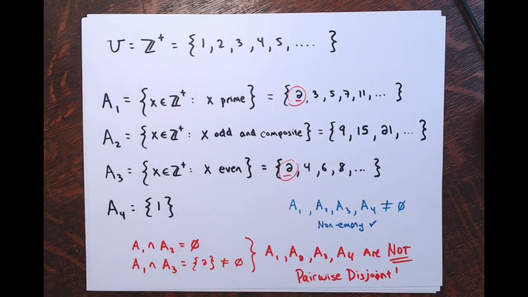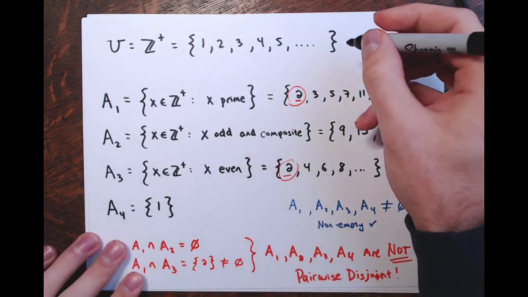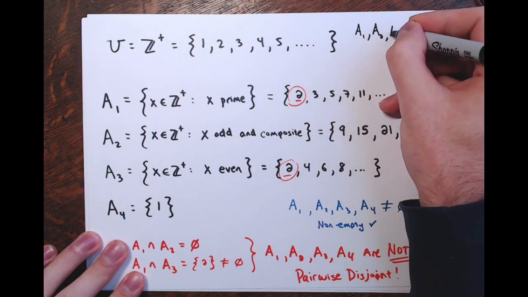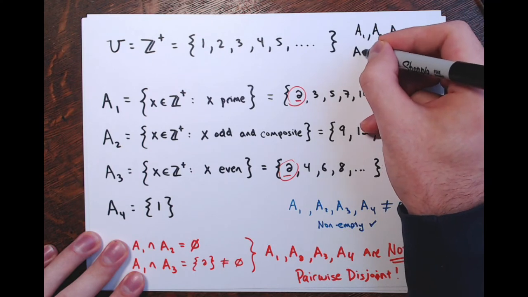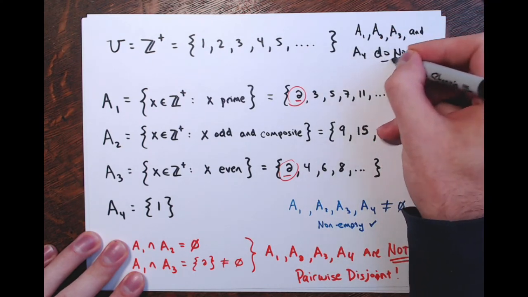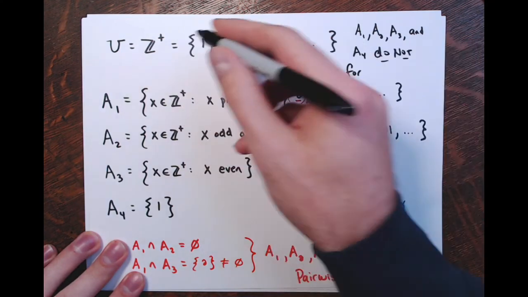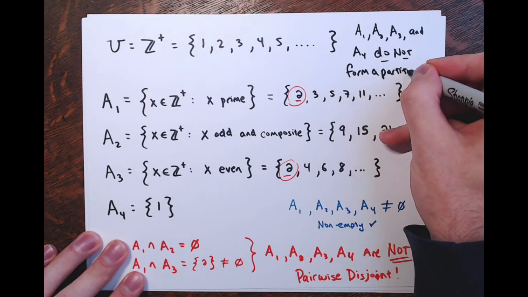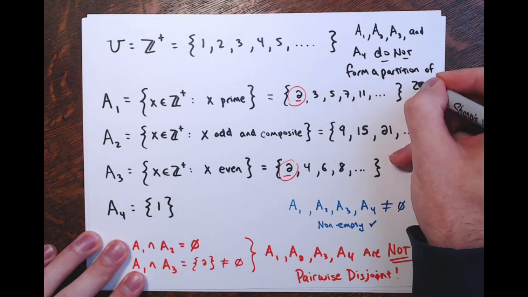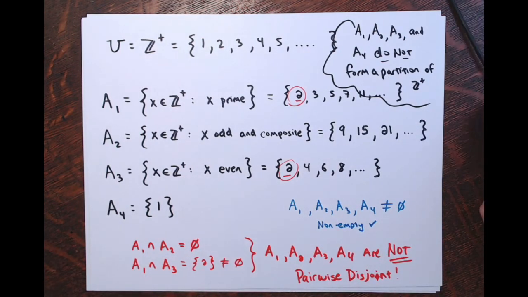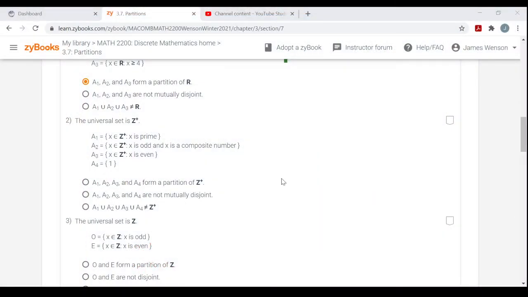So, noting all this, A1, A2, A3, and A4 do not form a partition of Z plus, because they weren't pairwise disjoint. So they're not mutually disjoint.